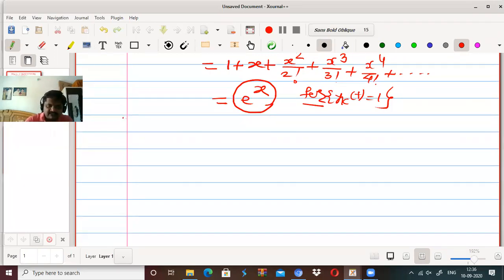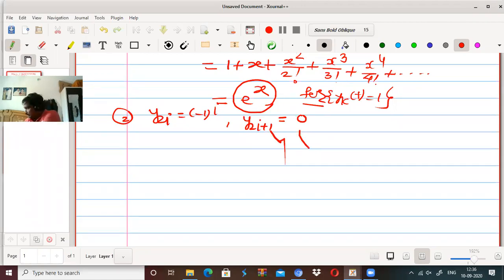For the second example, suppose y_2i equal to minus 1 to the power i and y_2i plus 1 is equal to 0. What does this mean?